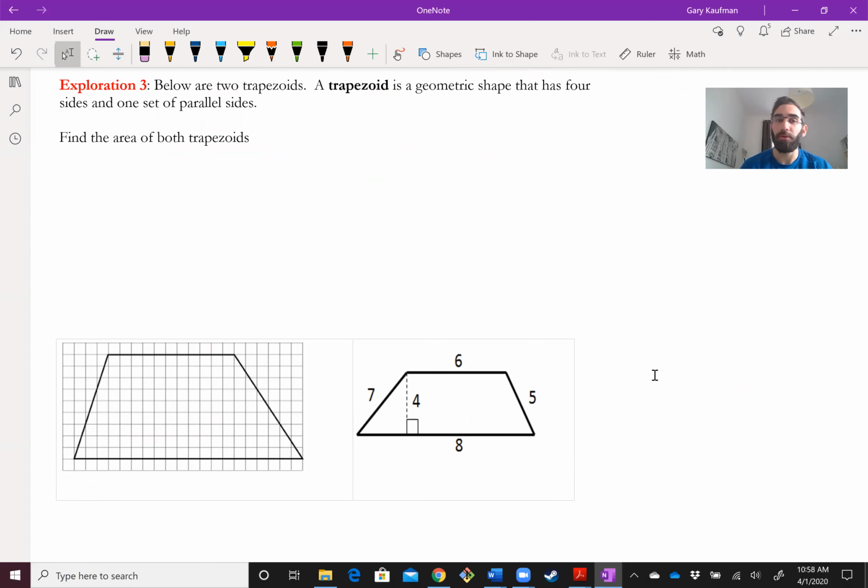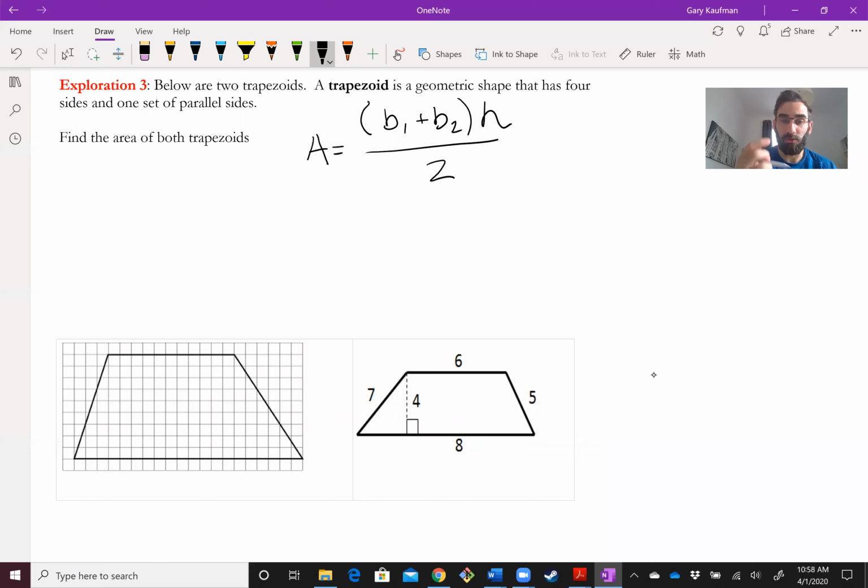Trapezoid. So, the area of our trapezoid is the sum of the bases, so base 1 plus base 2, all multiplied by the height, again, look for that 90-degree angle, divided by 2.